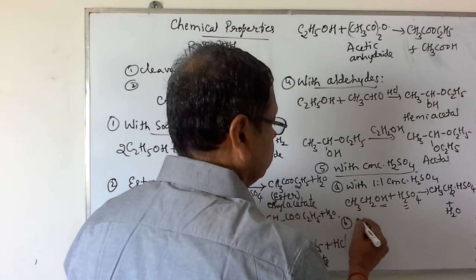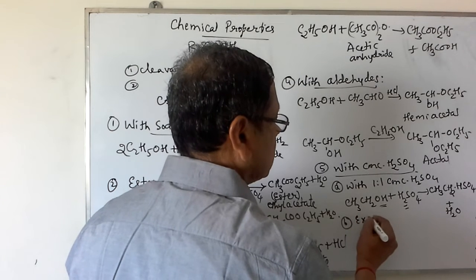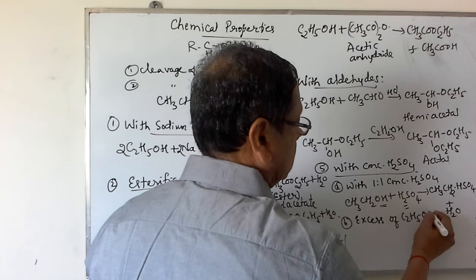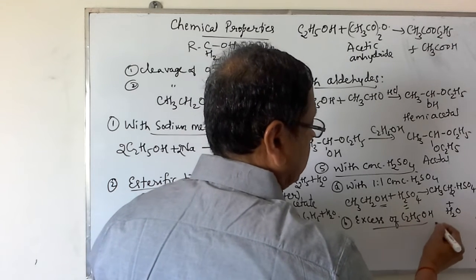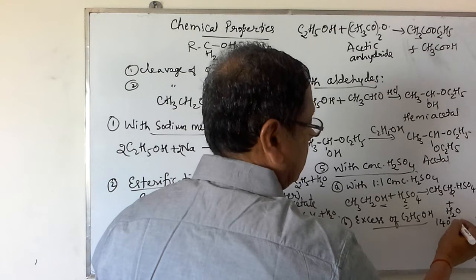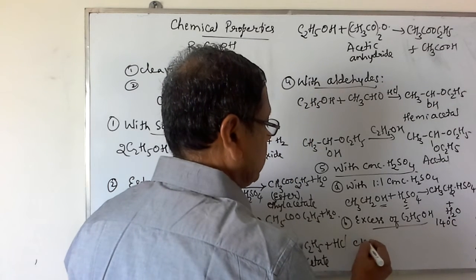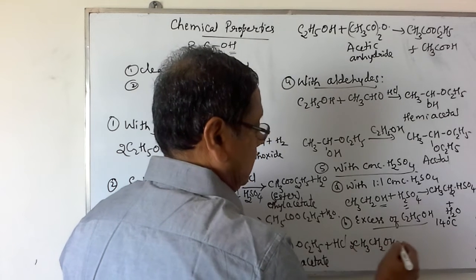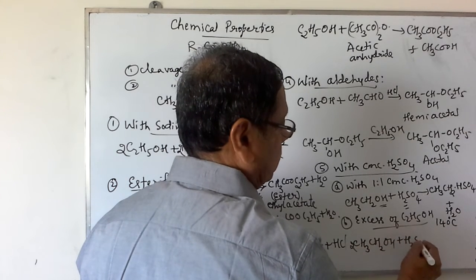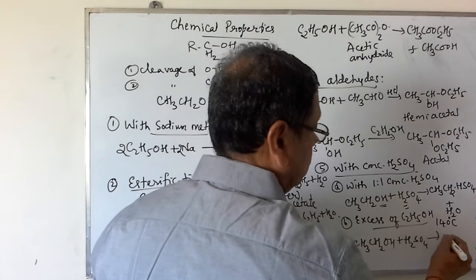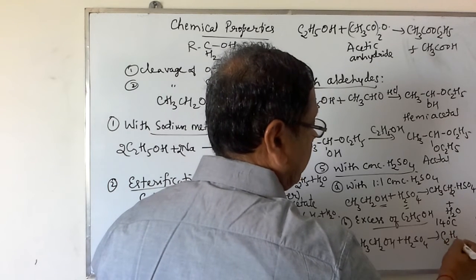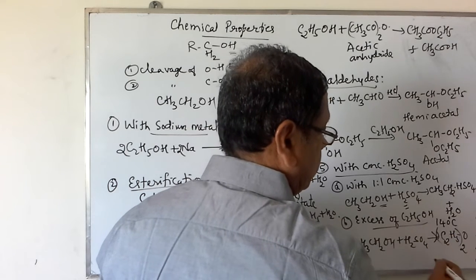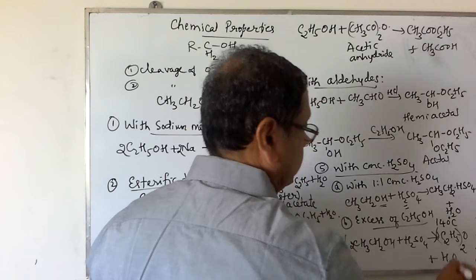With excess of ethyl alcohol at about 140 degrees Celsius, when two molecules of CH3CH2OH react with concentrated H2SO4, it will give rise to diethyl ether, C2H5OC2H5, along with the formation of a water molecule.